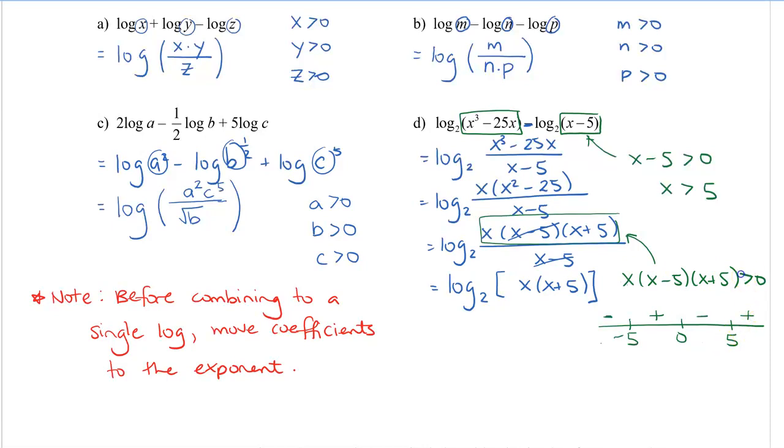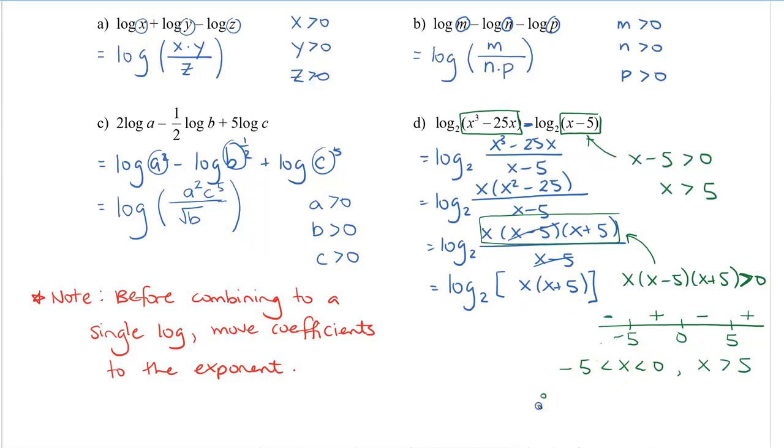So we are looking for values where it's greater than 0, and this occurs when x is between negative 5 and 0, and also when x is greater than 5. So these are the two restrictions for the first expression, and x greater than 5 is for the second expression. However, we need to take a look at them overall. So since the second expression says that x has to be greater than 5, we can't say that x can also be between negative 5 and 0.